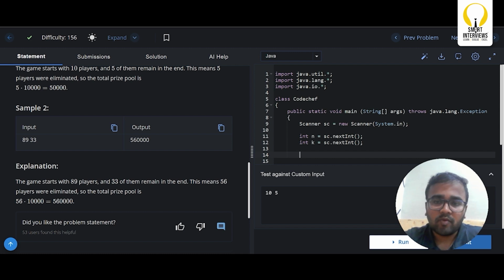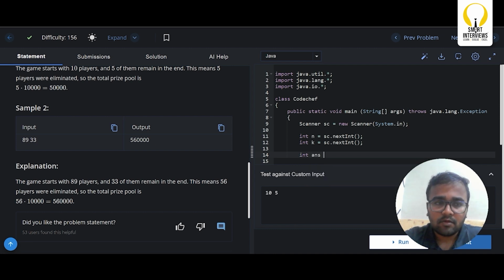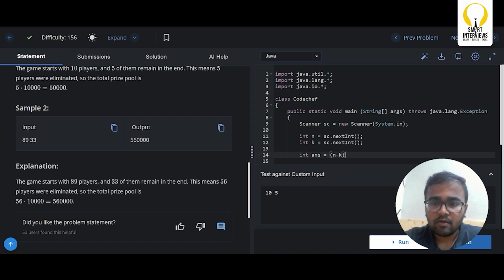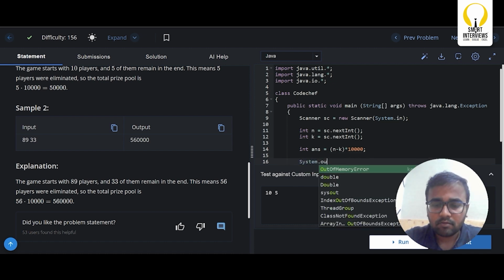Pool price is nothing but the number of people who are eliminated, which is n minus k. So let's take our answer, which is equal to the eliminated people, n minus k, into 10,000. So finally you will print the answer.